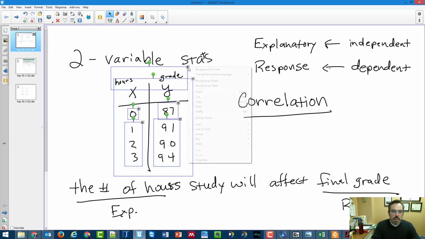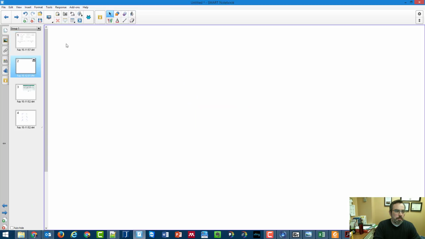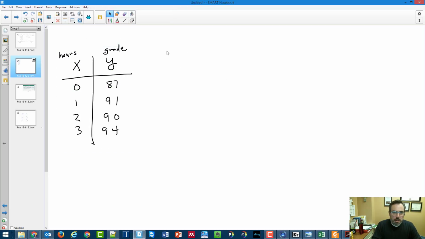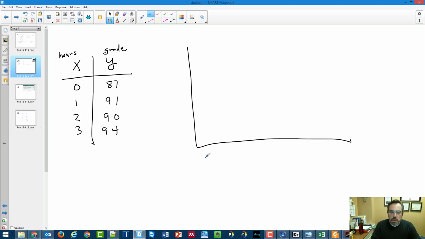So let's quickly show you what a scatter plot looks like. I'm just going to copy these things and paste that here. So, just a quick scatter plot. We almost always try to put the explanatory variable down here. If you think back to algebra, this is usually your x-axis anyway, so that's why our x is typically our explanation, whereas on the y-axis, we usually put the response variable.